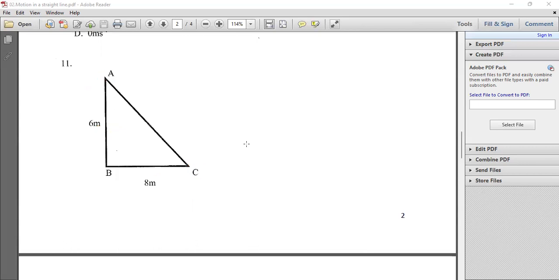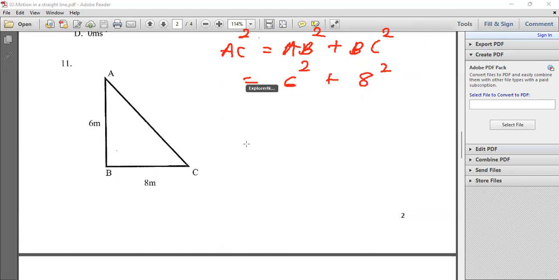So how do you do that? Apply the law of Pythagoras. AC square will be equal to AB square plus BC square. We know AB square is 6 square, BC square is 8 square. So 36 and 64, that will be simply 100. 100 will be equal to AC square.